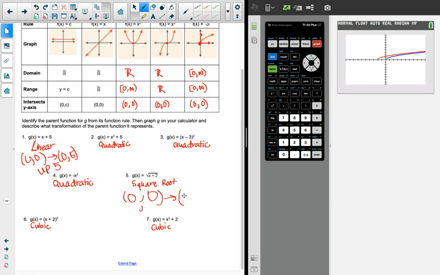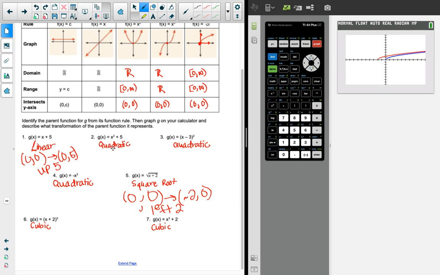It goes through the x-axis at -2, 0. Okay, so we went from 0, 0 to -2, 0. So what kind of a translation is that? Well, we went from the x value being 0 to the x value being -2. So we went left 2. Okay.